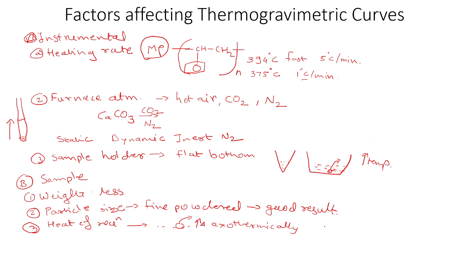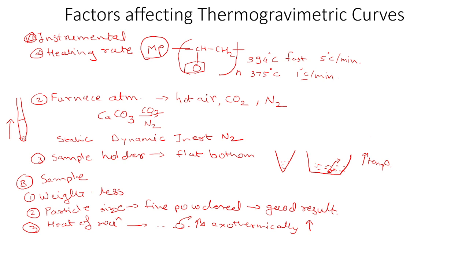We are measuring the temperature of the furnace, the energy supplied by the furnace, but here the energy is also supplied from the reactions which are taking place inside the sample, and that changes the supply of energy, which changes the temperature. Therefore, if the heat of reaction is exothermic, it changes the temperature of the sample, and the temperature of the furnace will be different.